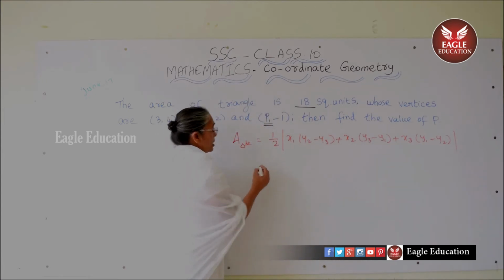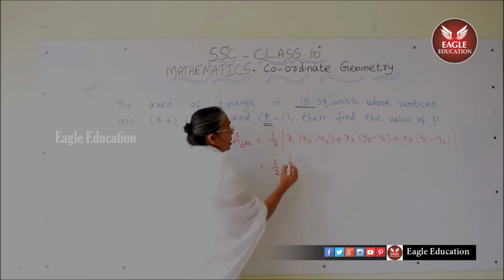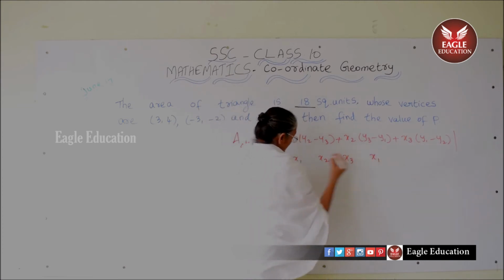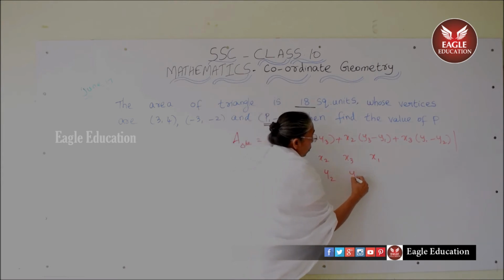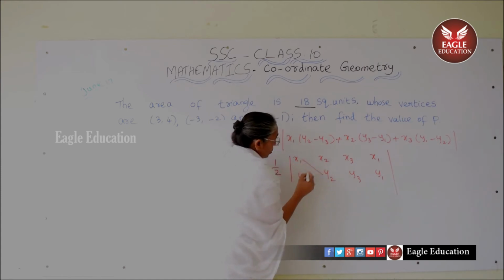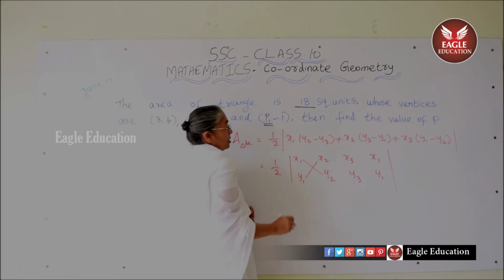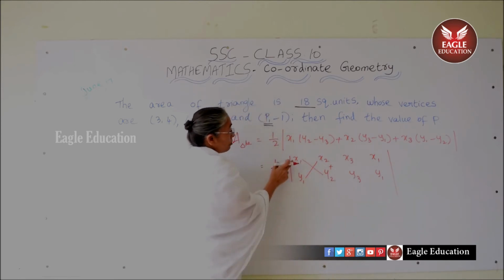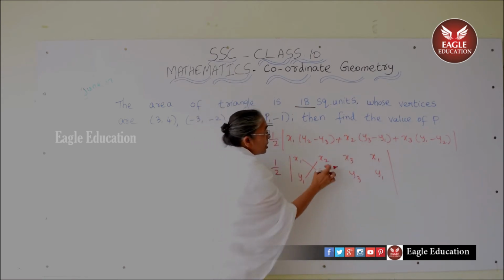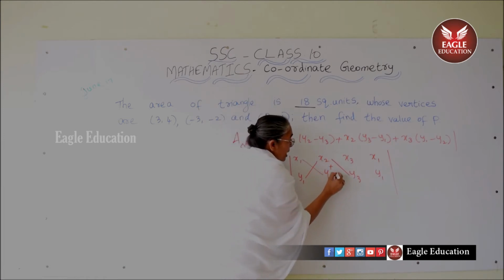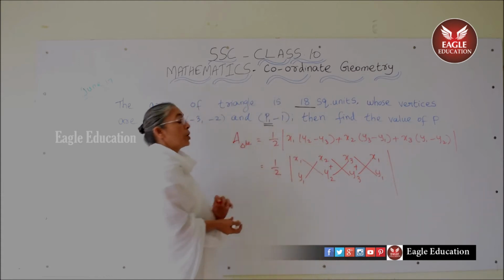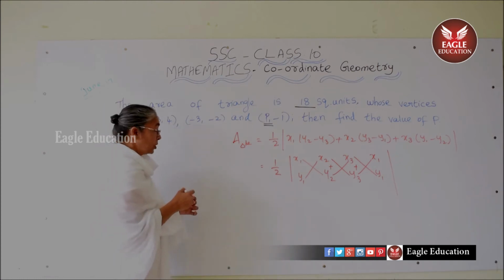Now, another way of remembering this formula is you can write first half mod, the x coordinates x1, x2, x3, x1, then the y coordinates y1, y2, y3, y1, then multiply x1 into y2 minus x2 into y1, then in between plus symbol, x2 y3 minus x3 y2, then plus x3 y1 minus x1 y3. Any one form you can remember, both are easy to remember.